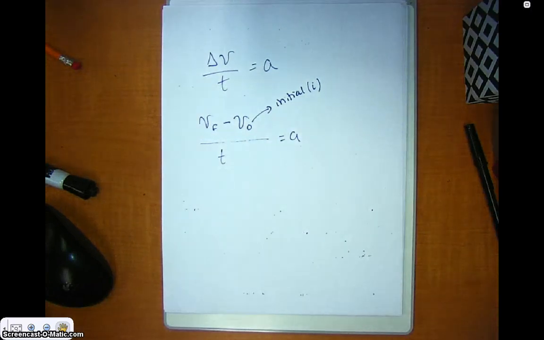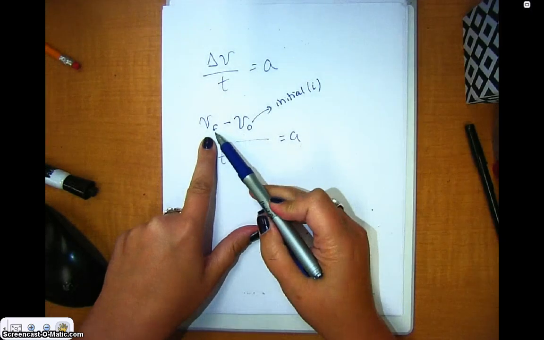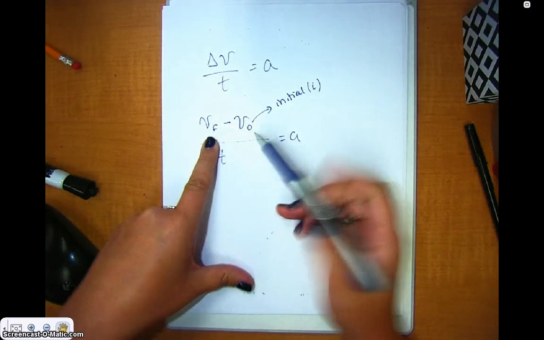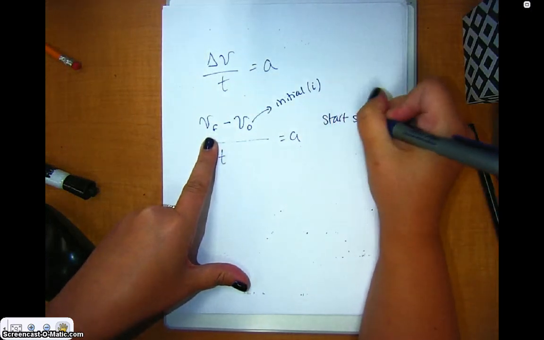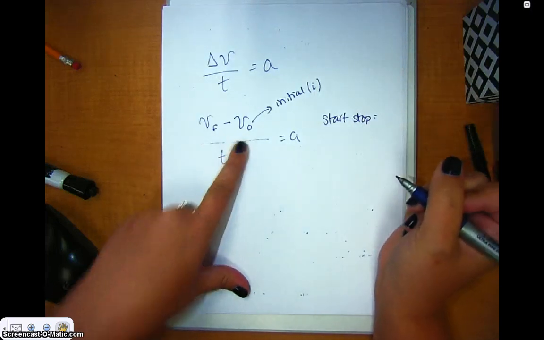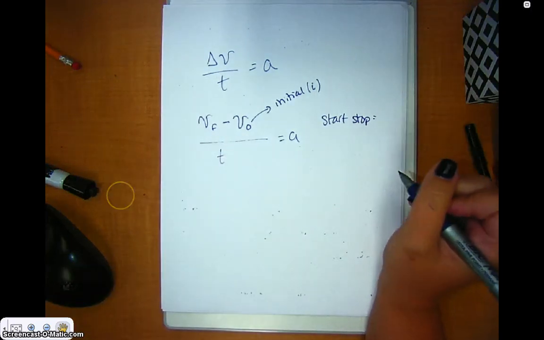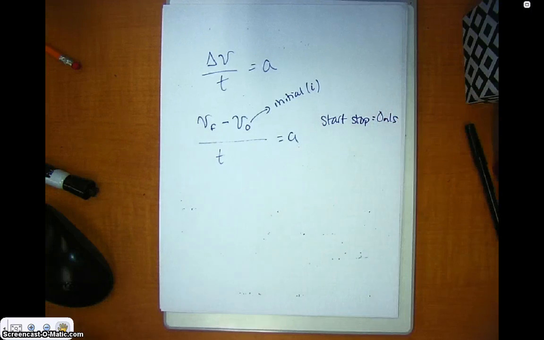Now, quite often in the wording of problems, we can imply whether or not one of these terms is 0. So if a vehicle or something is starting from a stop, or if we drop something, then at the beginning of the problem, the initial velocity would be 0 meters per second, even though it might not say that blatantly in the problem.